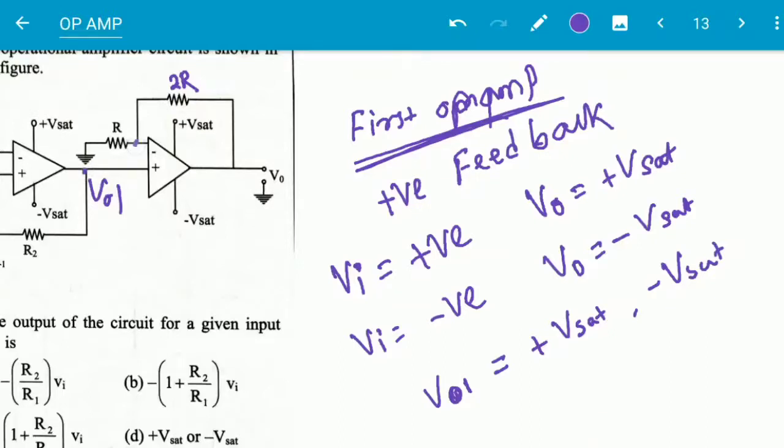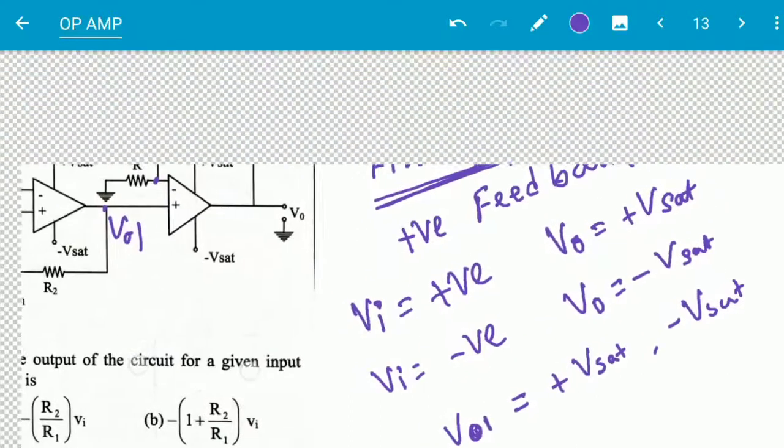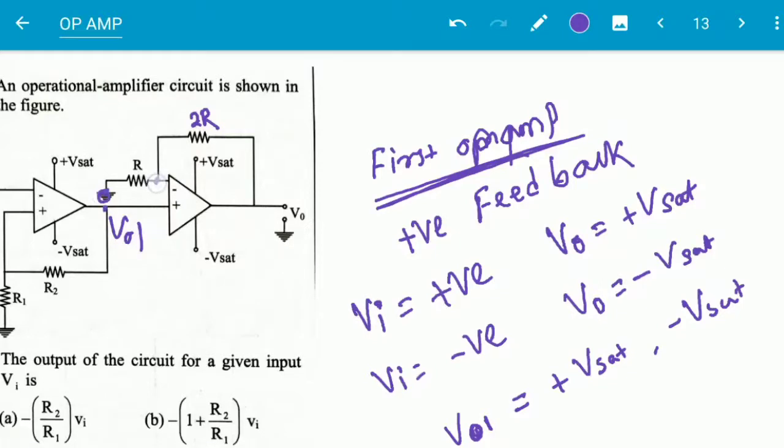This will also be V01. The current will be 0 minus V01 by R. This is the 0 minus V01, here is V01 by R, this current.